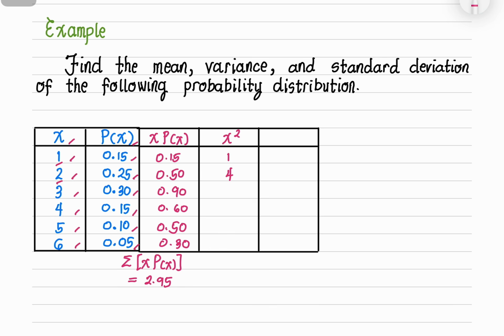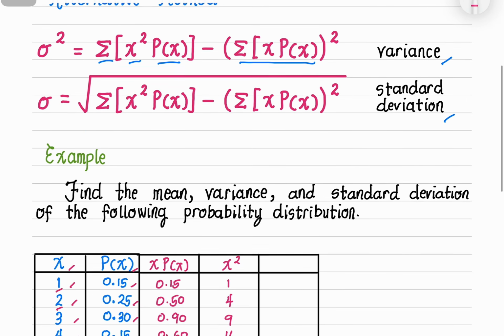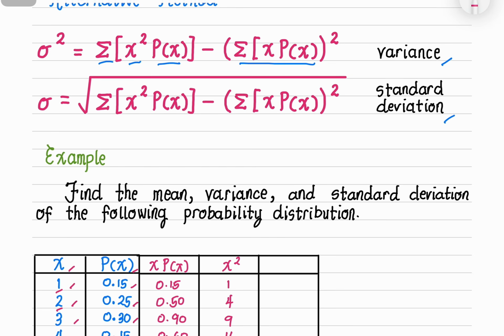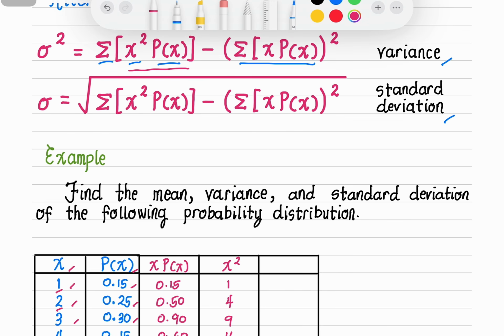So, 2 times 2, that is equal to 4. Okay, continue the process. So, we have 9, we have 16, we have 25, and 6 times 6, 36.